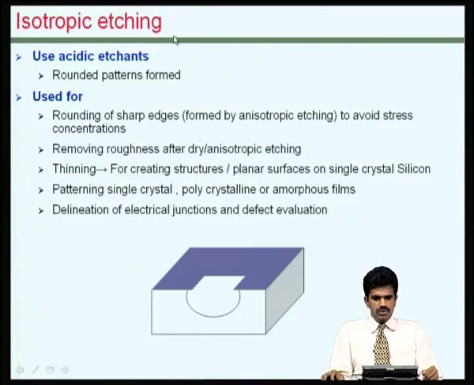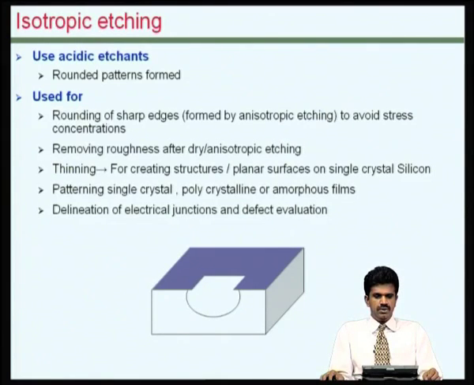Isotropic etching is also used when rounding of sharp edges is actually required. This is typically required to avoid stress concentrations. Isotropic etching can also be performed for removing surface roughness.